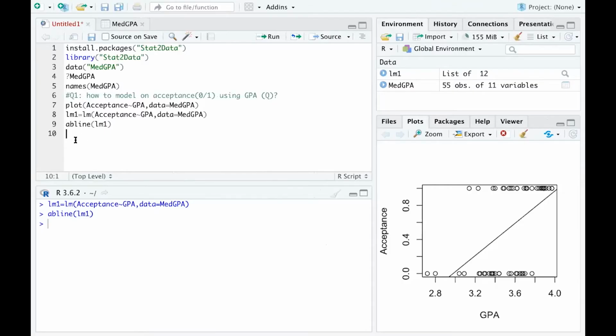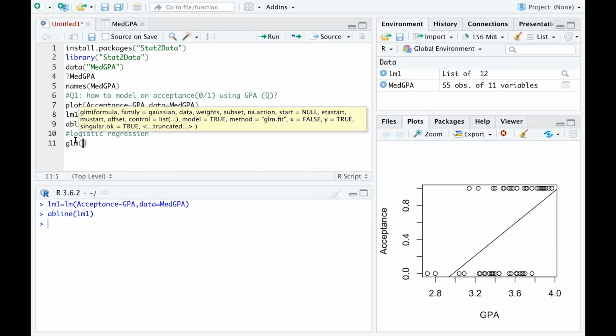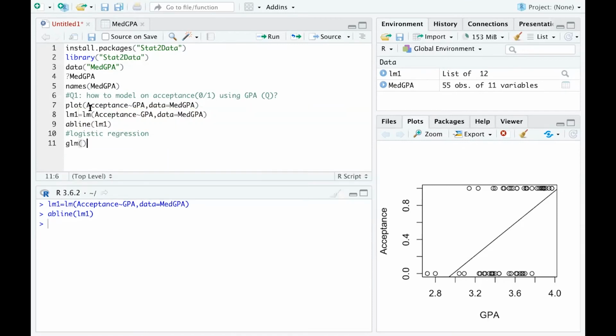That's why we want to talk about logistic regression, and let's see how we should build that model. So logistic regression is using the function GLM, but the syntax is exactly the same.